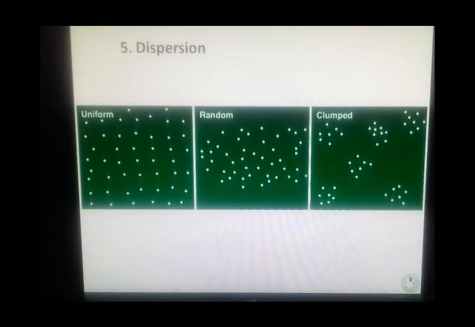I want to cite one example regarding clumped distribution. If you have seen aphids, they are generally distributed in a clumped manner. If you go to the field and aphid infestation is there, then in one plant you can get more than thousands of aphids. In another plant, you may not get even a single aphid. So that is the clumped distribution which we see in the field.